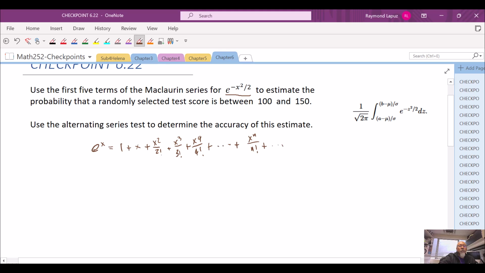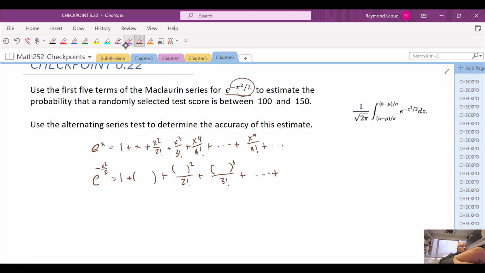Now we want to put in negative x squared over 2. So e to the negative x squared over 2 will be the same thing, except wherever we see an x, we're going to put a negative x squared over 2. Let me write out the first 4 terms, including the 1, and I'll stop here for now.